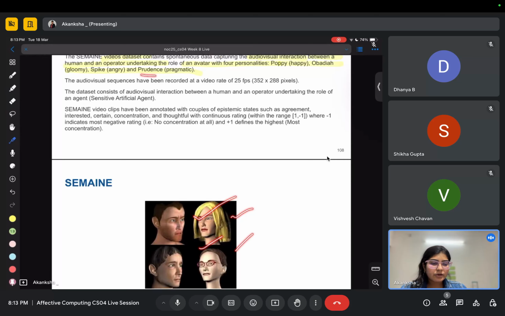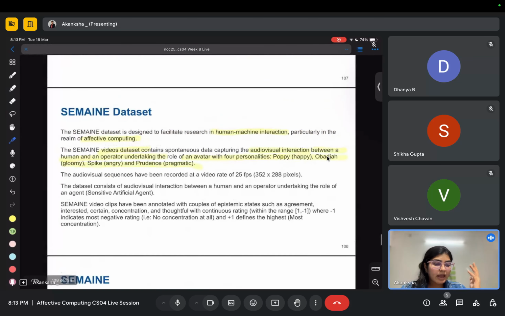These are the four types of personalities or avatars that are there. And this is the detail, like the 25 fps. It consists of audio visual interaction between human and operator, and it undertakes the role of an agent.